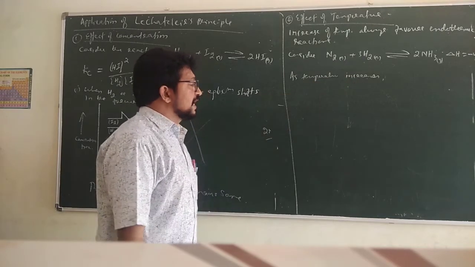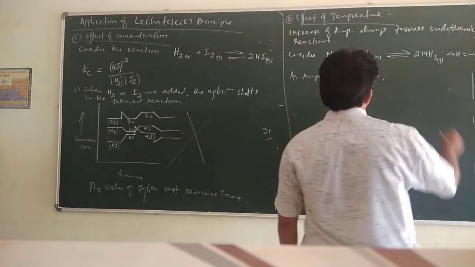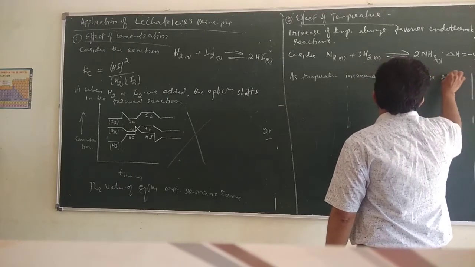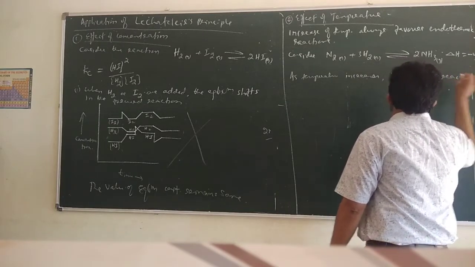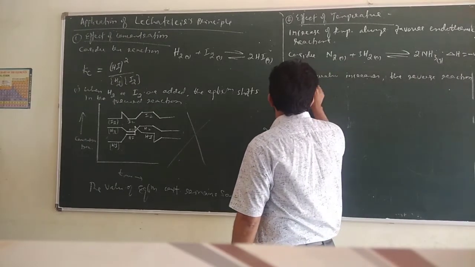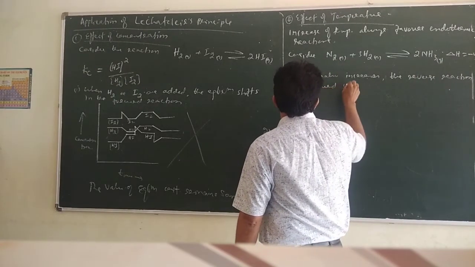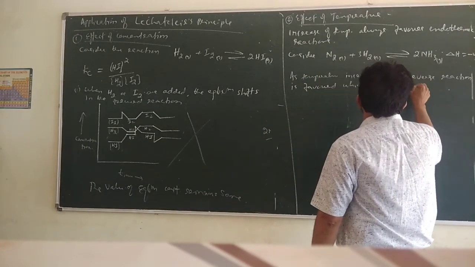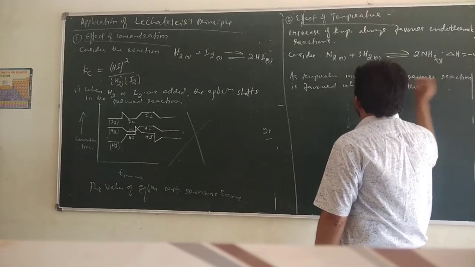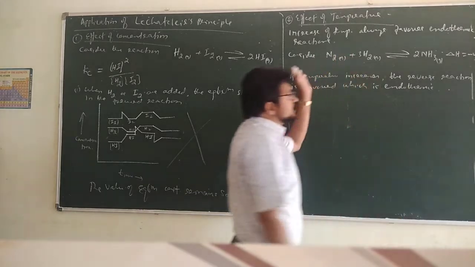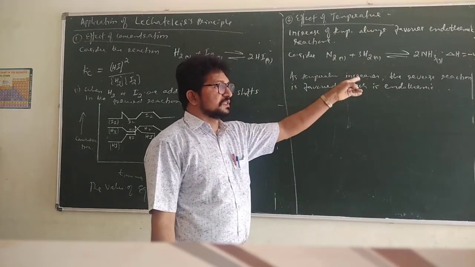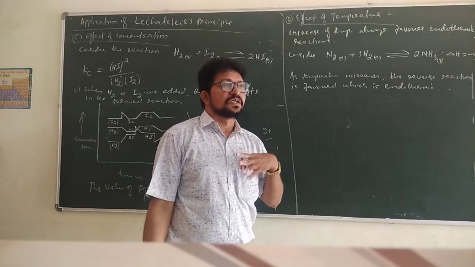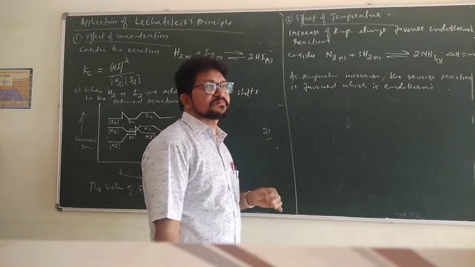As temperature increases, the reverse reaction is favored, which is endothermic. Remember, if the reverse reaction is favored, ammonia concentration decreases, meaning the numerator decreases.